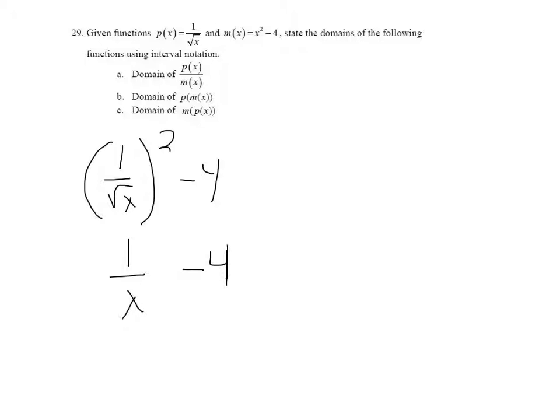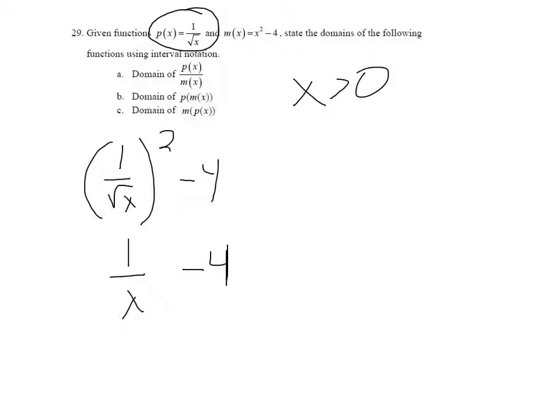And a couple things we could do. One issue that comes up is in the original p function, the domain was limited to be, x has to be greater than 0. Okay, so that same domain issue falls into this new composite function.